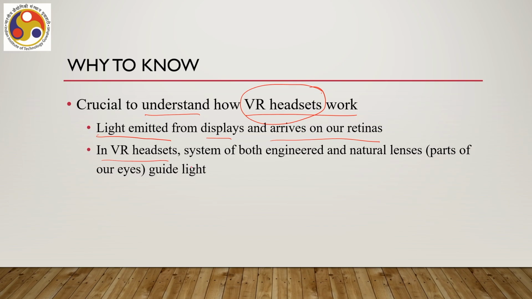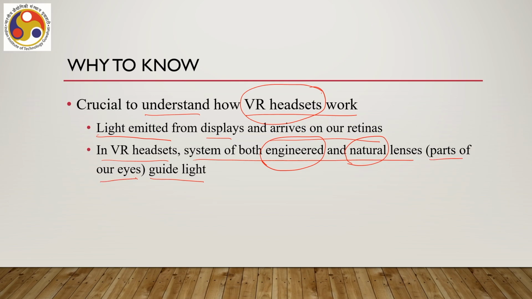And in VR headsets, a system of both engineered and natural lenses guide the light and eventually that leads to the visual perception. Now, when I say both engineered and natural, so two types of lenses I mentioned here. Engineered of course we understand that is the part of the headset, natural means parts of the eyes.